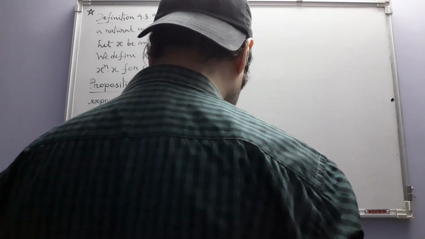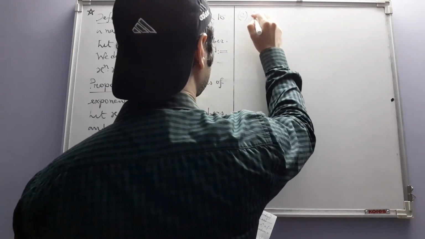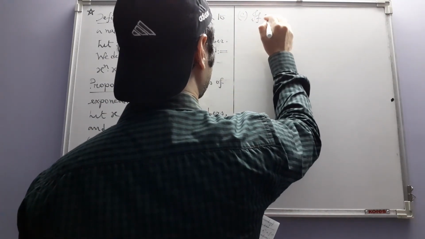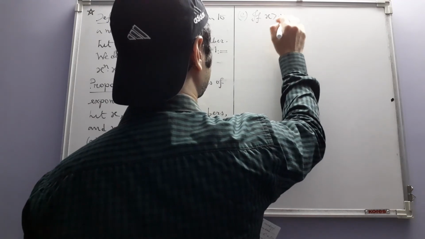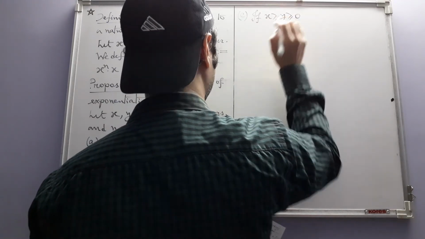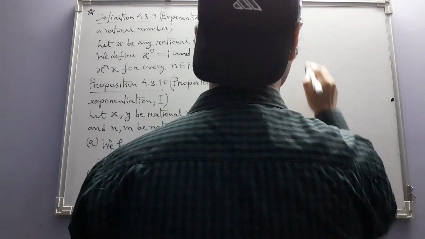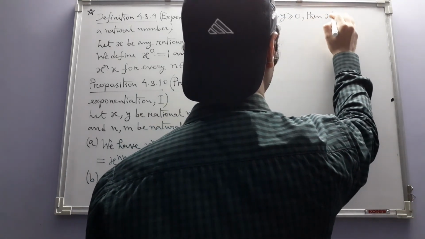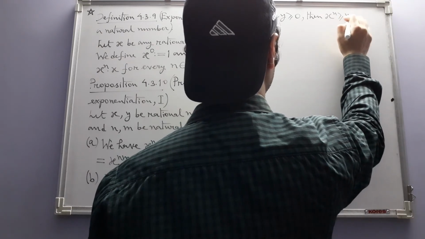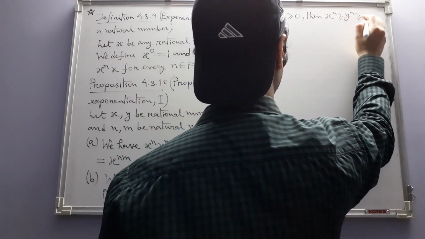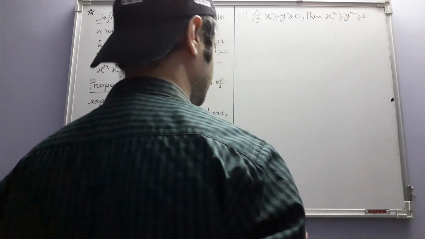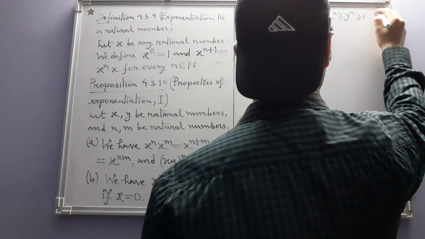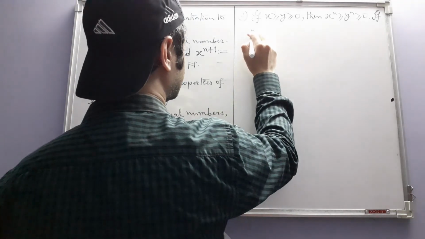In part C we have inequality. If x is greater than or equal to y and both are non-negative, then x to the power n is greater than or equal to y to the power n and they are also non-negative. It has a second part also, which is strict inequality.